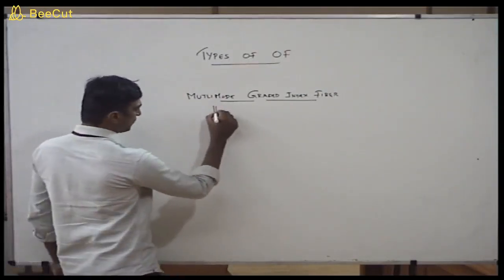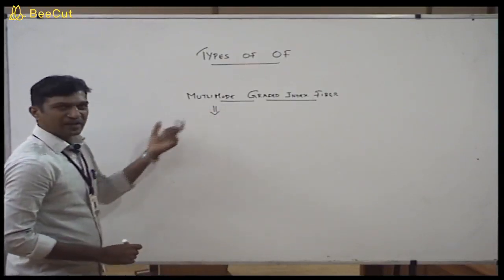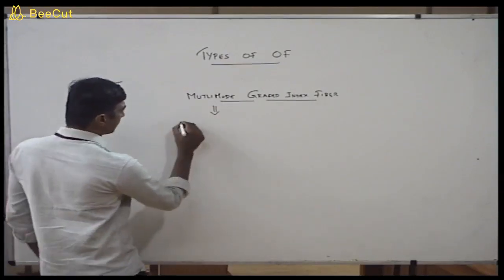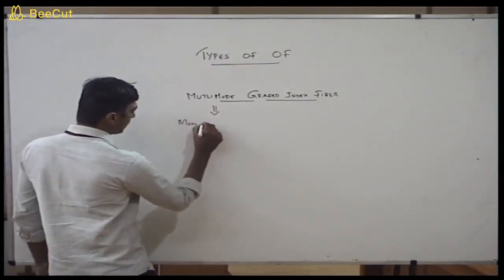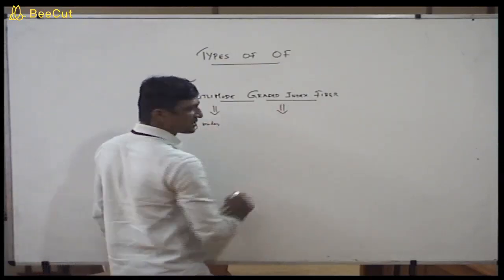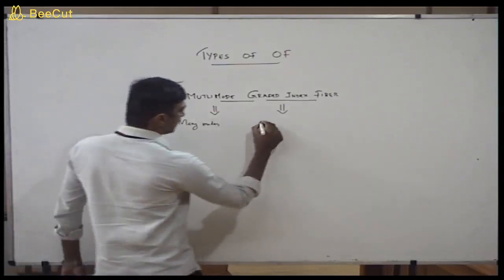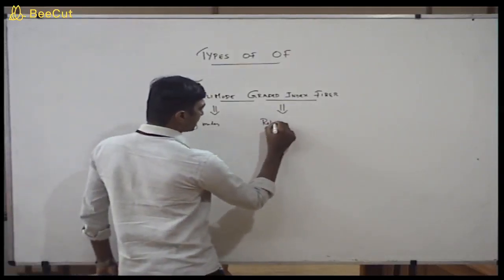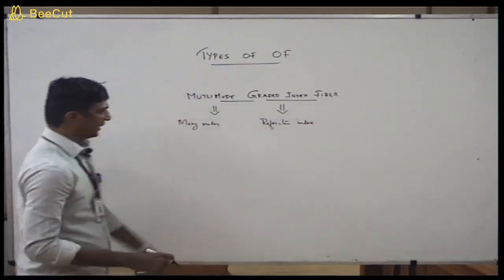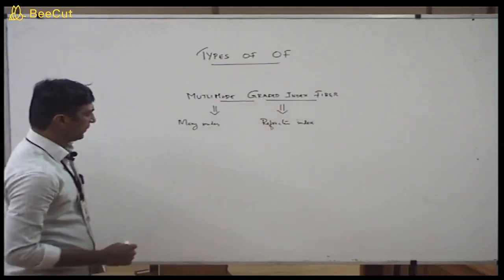Multimode refers to the fact that this fiber supports many modes, and graded index refers to the variation in the refractive index profile. The variation in refractive index, or the refractive index profile, is just graded. That is the meaning of graded index optical fiber.